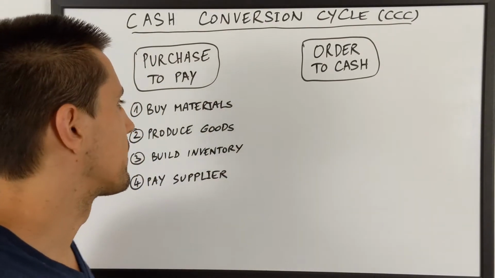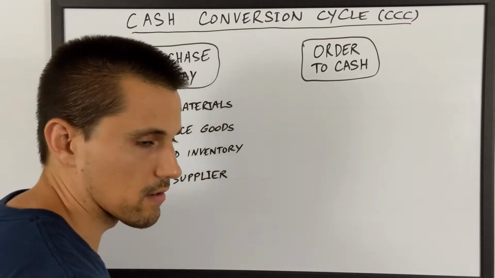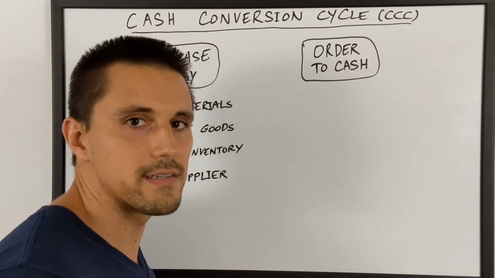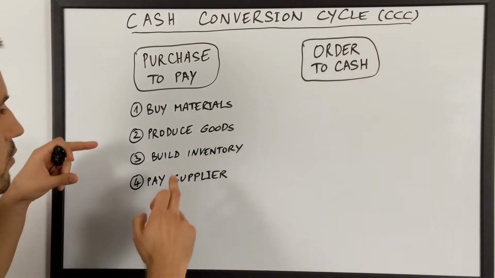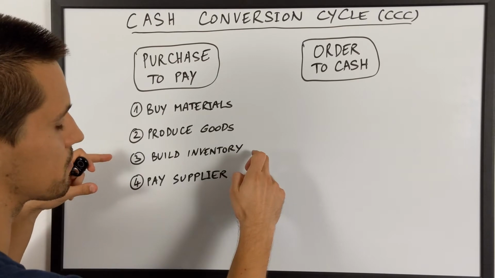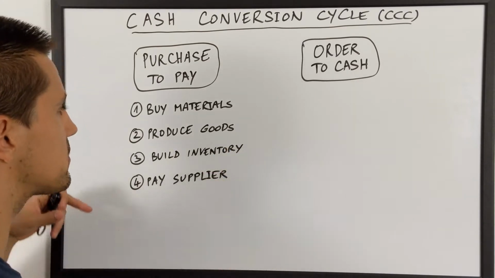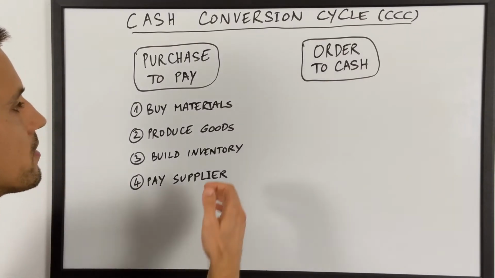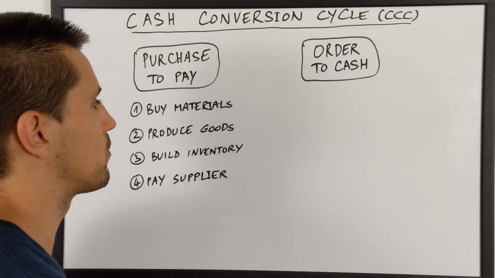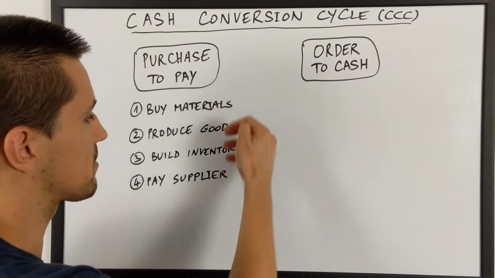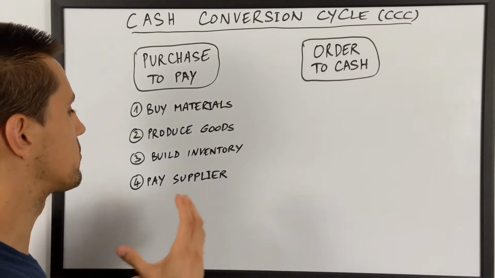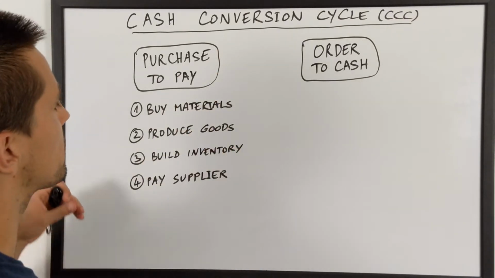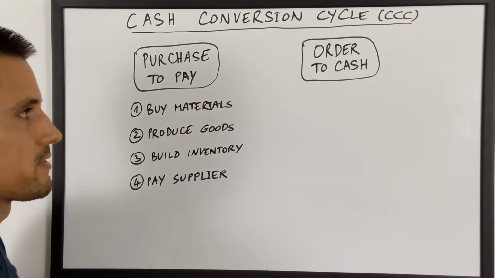Obviously this is a physical goods company, but even with intangible assets where royalties are involved, you will probably not build physical inventory, but you will definitely buy something and pay someone at some point. So let's start with a physical goods company because it makes it much easier to understand, explain and improve. When you look at the purchase to pay, you have these four elements inside.